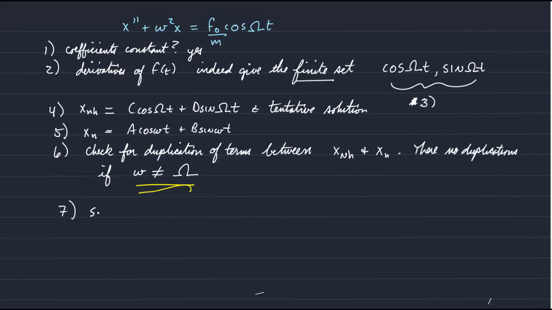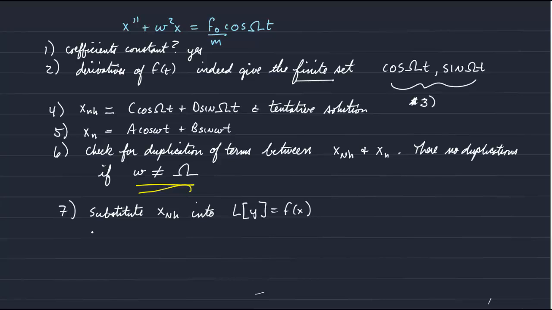Step 7 was to substitute our non-homogeneous solution into our ODE. And so we need a second derivative plus omega squared times x itself.